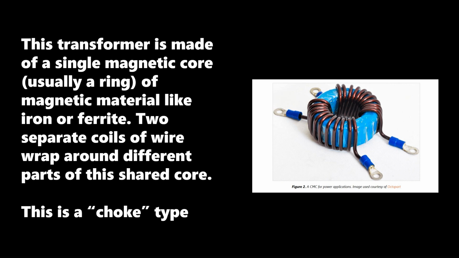So anyway, how does a transformer work? A transformer is made of a single magnetic core, usually a ring of magnetic material like iron or ferrite. Two separate coils of wire wrap around different parts of the shared core. This is a choke type. So the way this works, you'd have the microphone going in here, coming out here. When the microphone current goes through these wrapped wires, it creates a magnetic field.